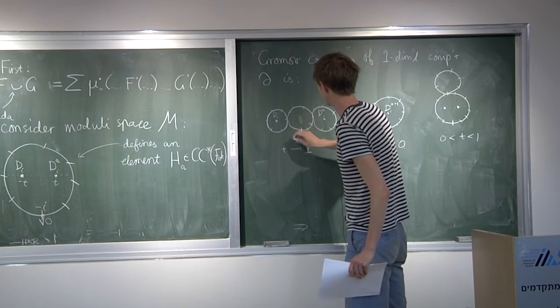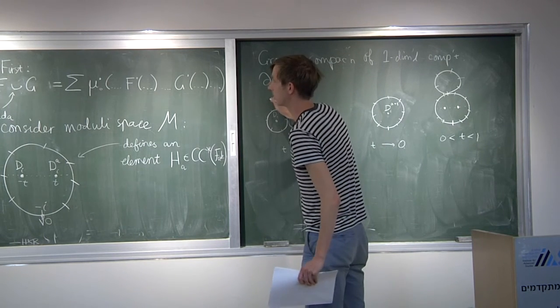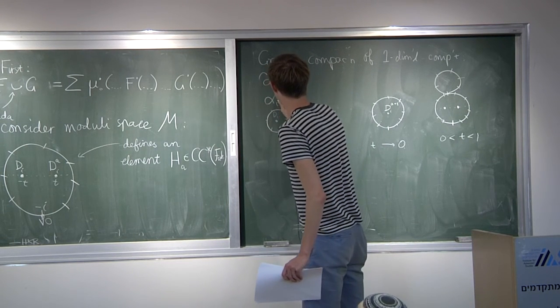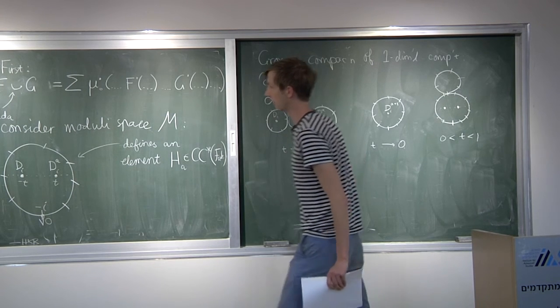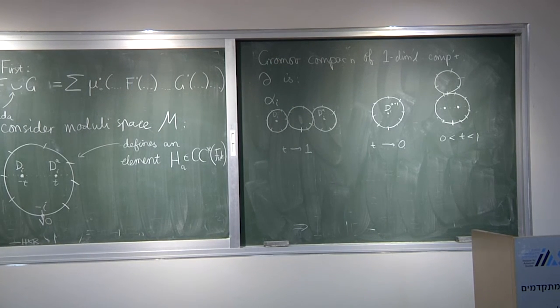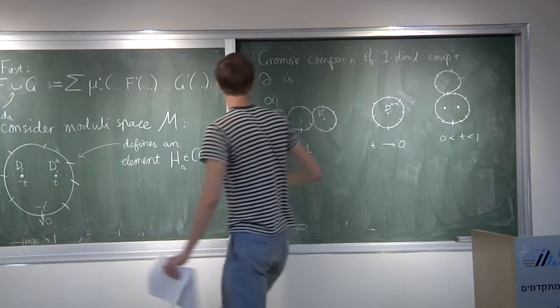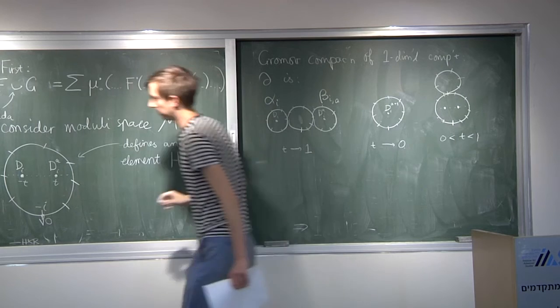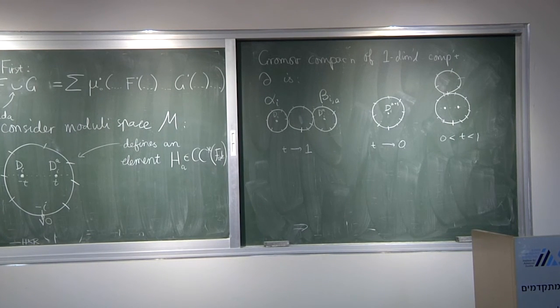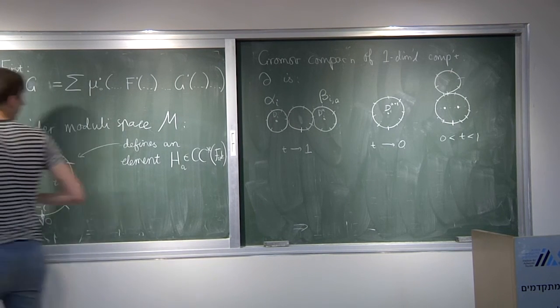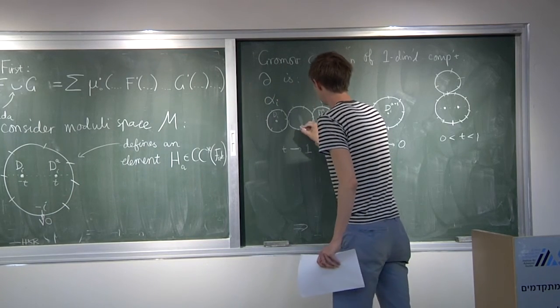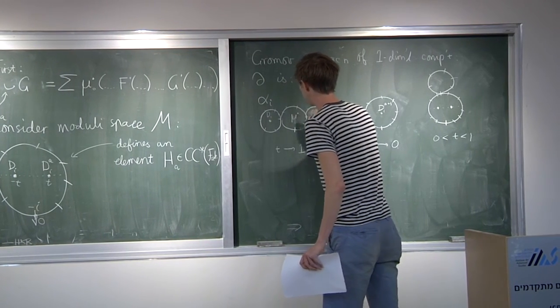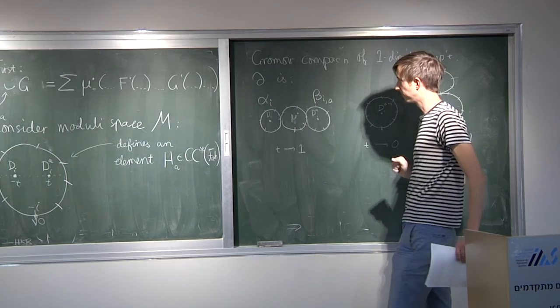And now here, this is alpha I. Maybe I should say beta I,a for this guy. And this one is our A infinity product.